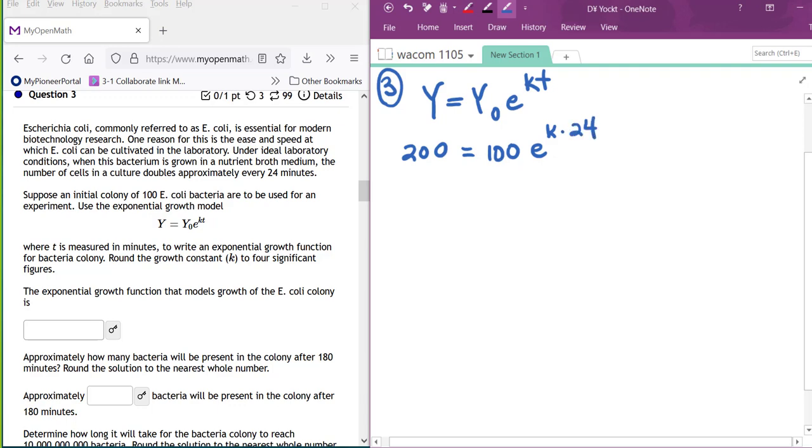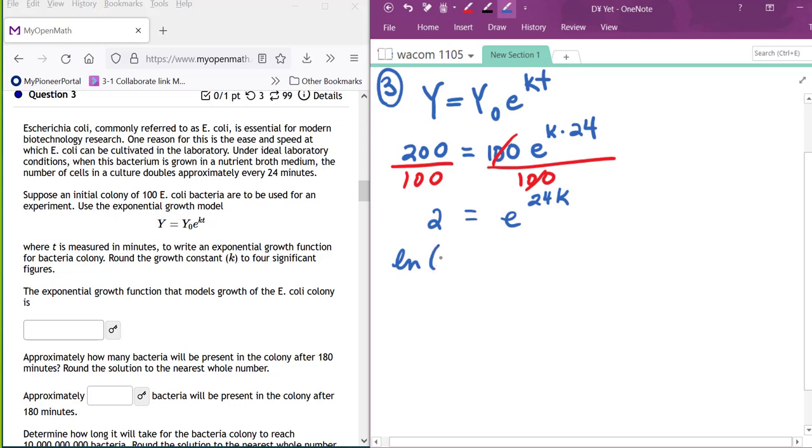So next step would be divide out the 100, and it would have been perfectly fine just to have put a 2 there to begin with. We'll divide that since it works out nice. And then we'll take the natural log of both sides to get our exponent down.